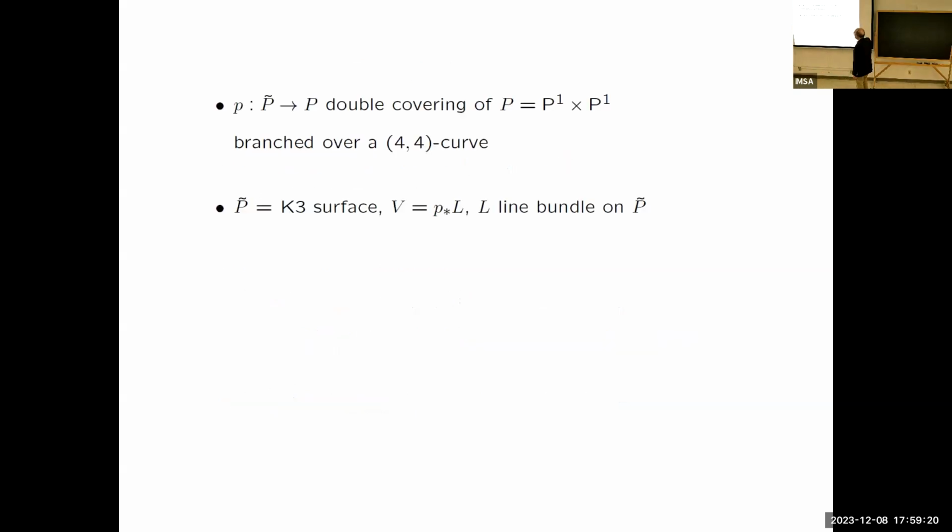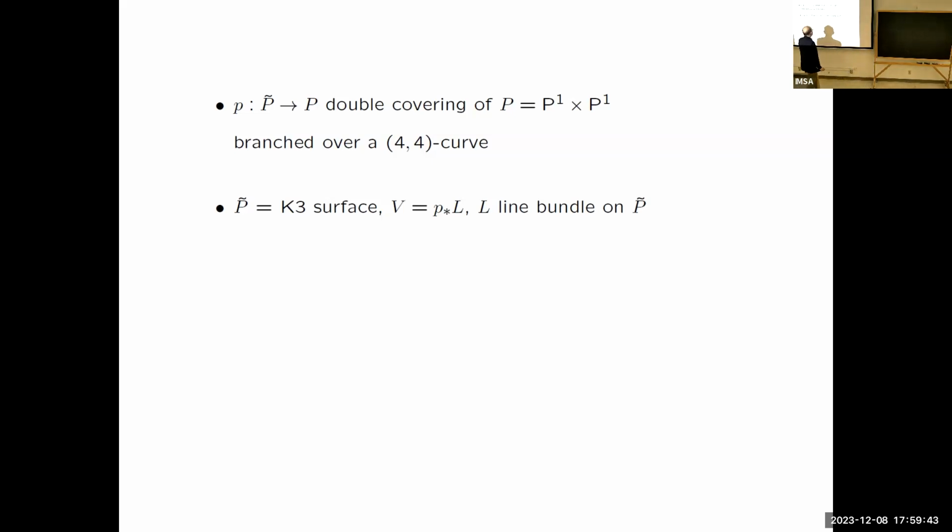And so what we're looking at is a double covering of this quadric surface, which is P1 cross P1, branched over a curve of degree 4. So P tilde is a K3 surface. So what we're saying is this vector bundle over the quadric is the direct image of a line bundle on the K3 surface.